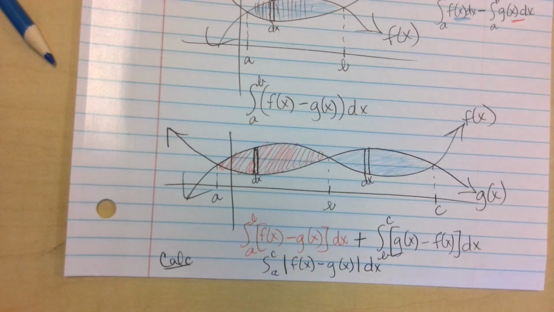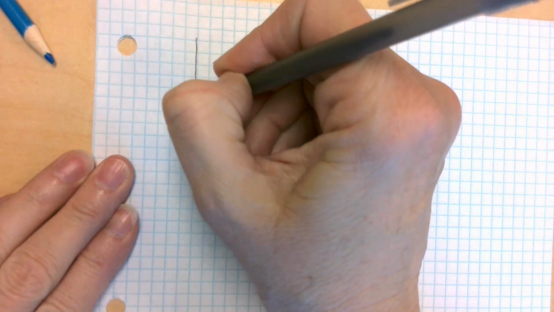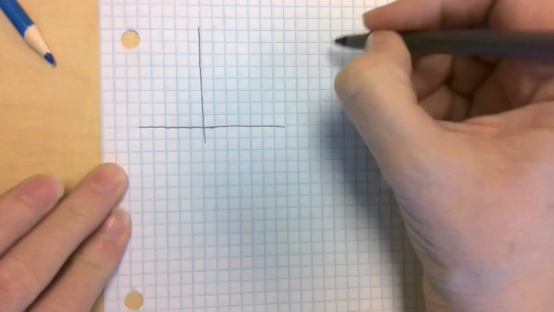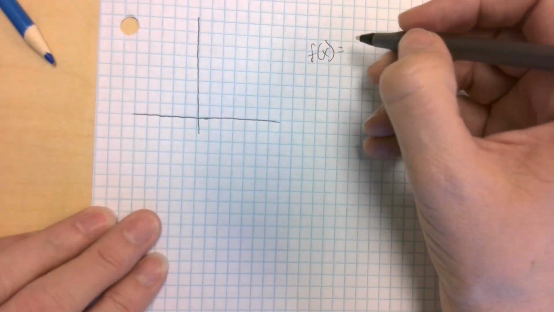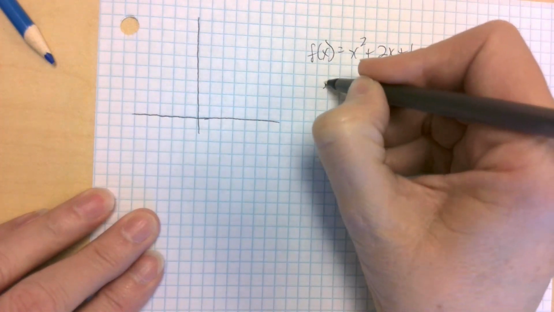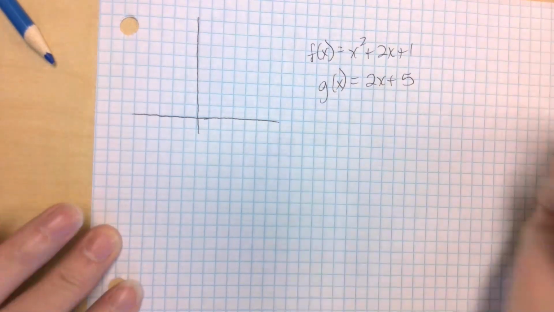So let's just look at a couple of examples. I'm going to pull out the old graph paper, hoping to make our problems a little bit neater. So let's look at f of x equals x squared plus 2x plus 1, g of x equals 2x plus 5.